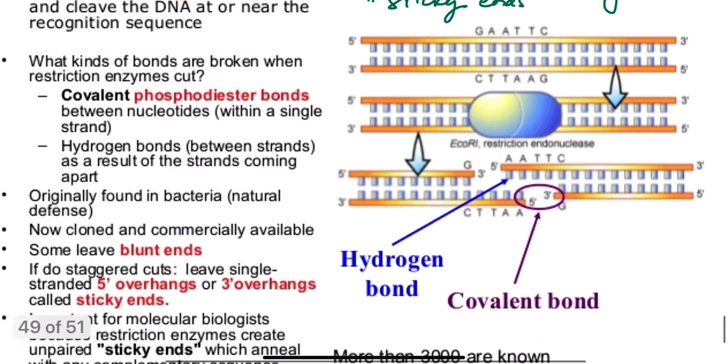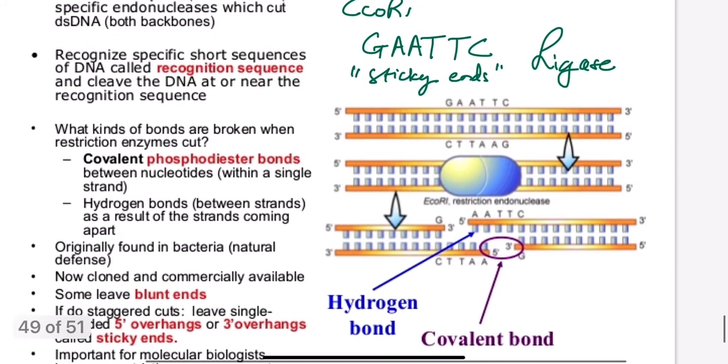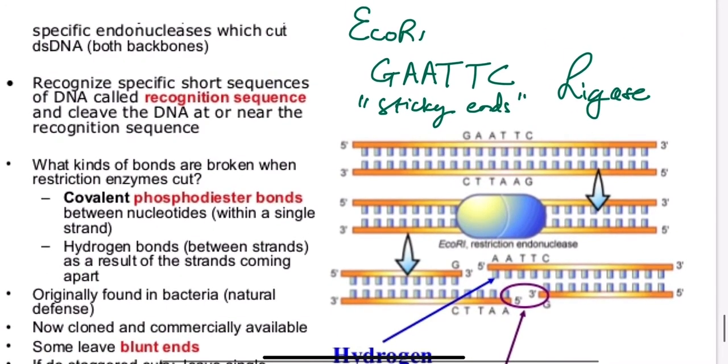Some of these restriction enzymes leave blunt ends and others make staggered cuts. In other words, they can make a single-stranded cut with a 5' overhang or a 3' overhang. This is what happens in the case of EcoR1. It creates those sticky ends. So this would be a sticky end over here, and this would be a sticky end over here.